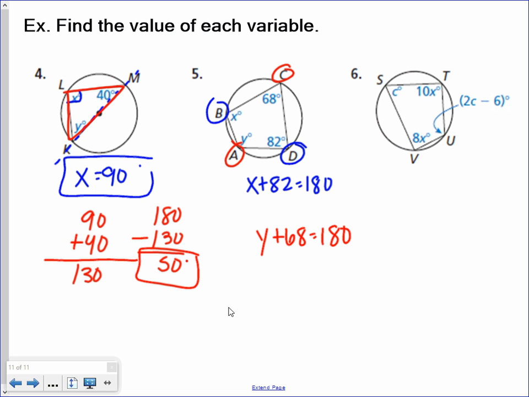So this shouldn't take you very long. Delaney, what would X be? 98. I'm going to go ahead and have you give me Y as well.